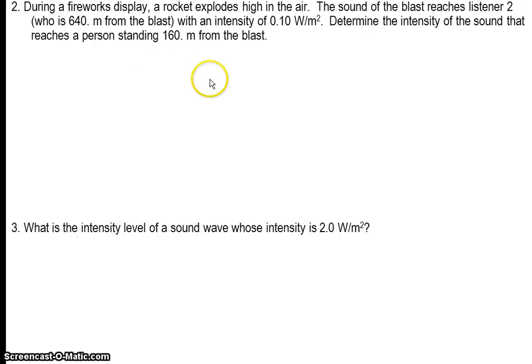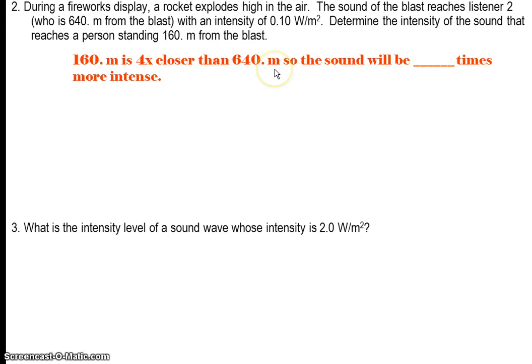We'll start the first way. This is 4 times closer, so how much more intense will the sound be? Well, it's 4 squared, so 16 times more intense. If this is the intensity of listener 2, then listener 1 is going to be 16 times that.